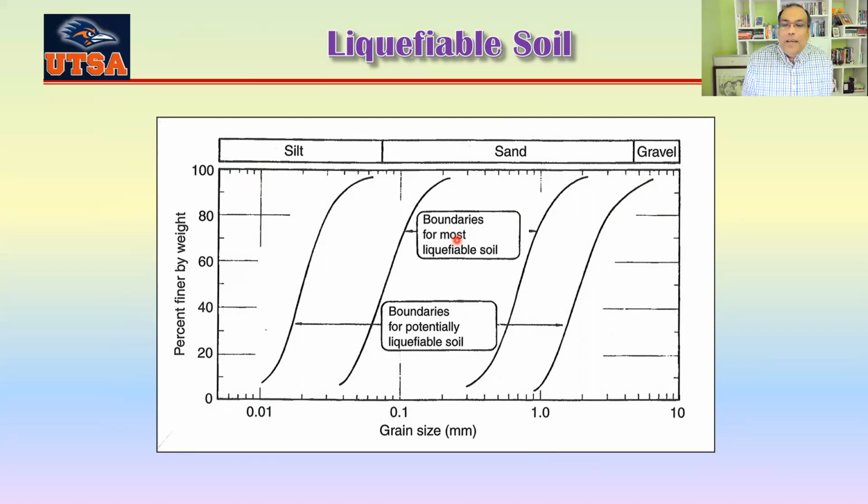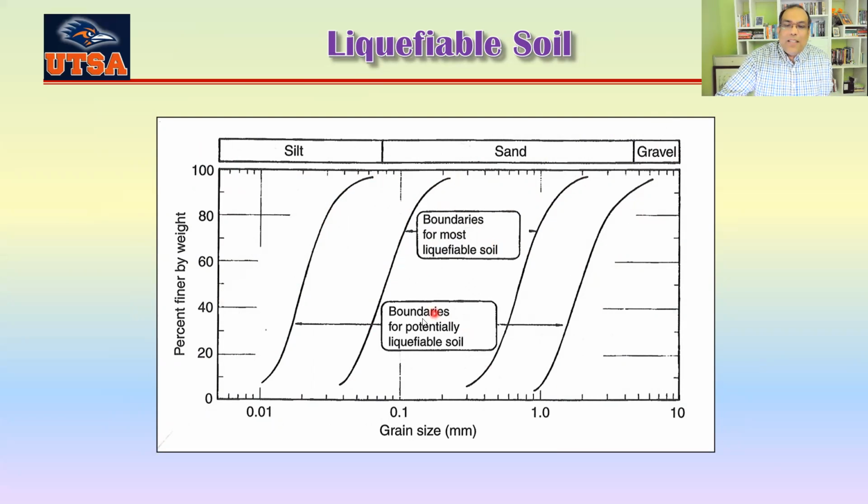Okay, maybe sank. But you can see here that this is a very good initial understanding of whether the soil you pick for your construction is within this boundary here, which is the boundary of the most liquefiable soil.